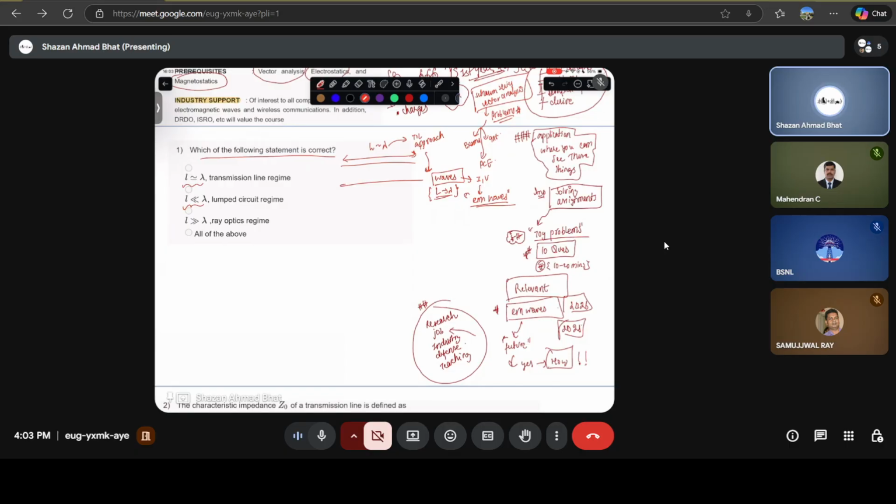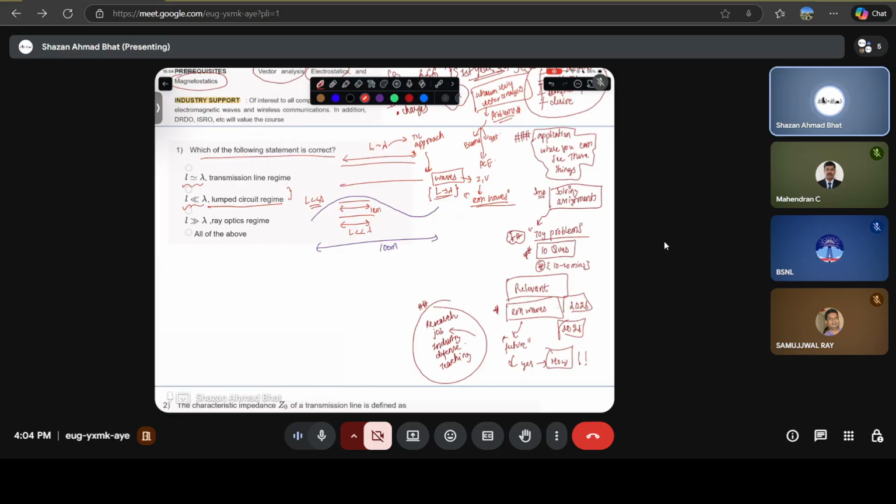So L much, much less than lambda is the lumped circuit regime, wherein you are treating the length as much, much less than lambda. Let's say lambda is of the order of 100 meters, and this length is, let's say, one centimeter.